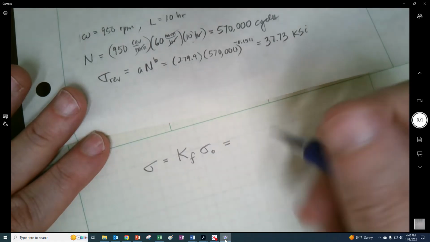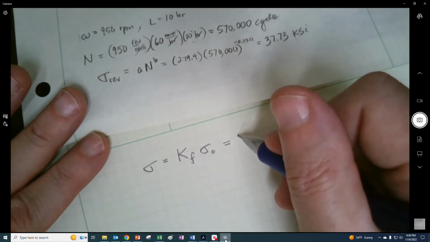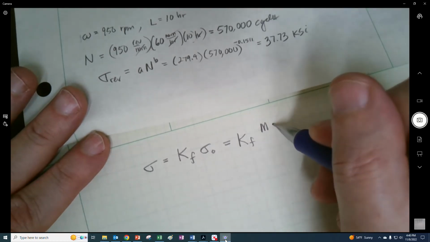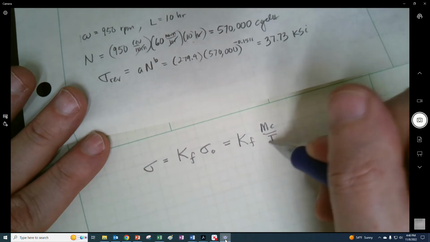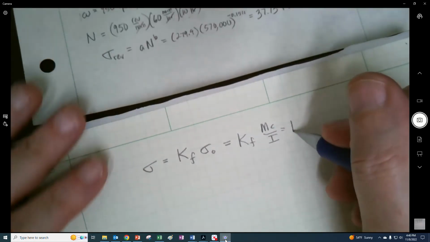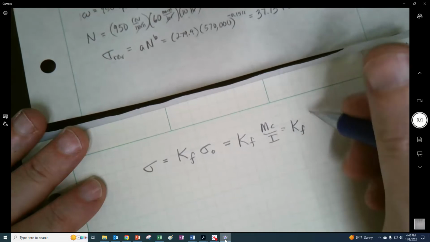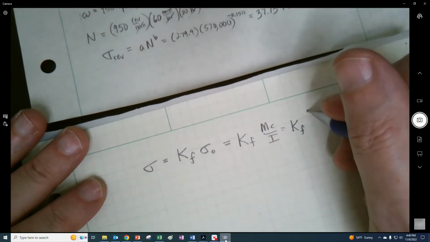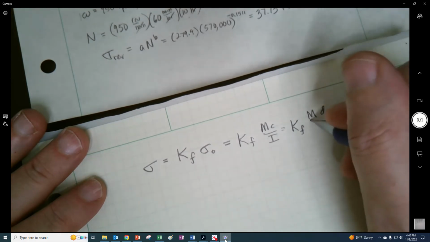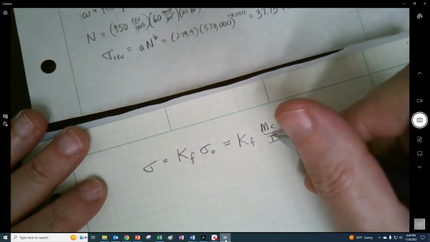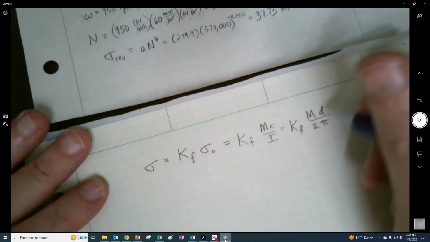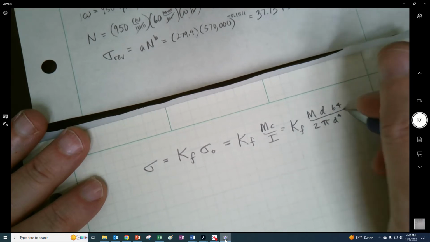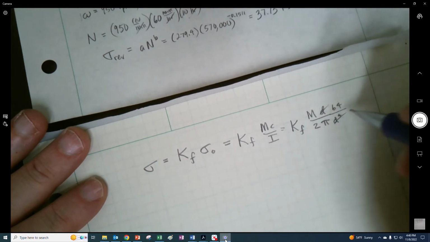And the nominal stress that's going to be happening here is going to be Kf times Mc over I. But remember, this is circular, so we can replace that c and the I. I'll just go ahead and do it again. c is D over 2, and I is pi over 64 D to the fourth. So it cancels out and it cancels out.